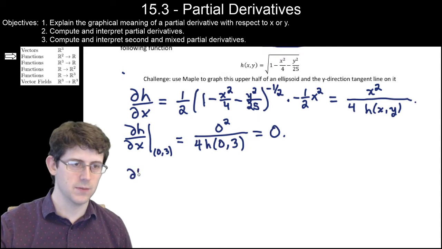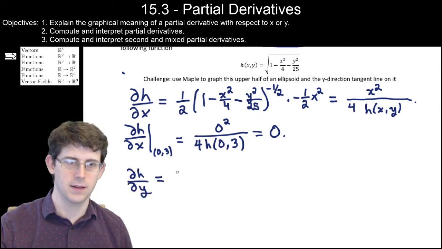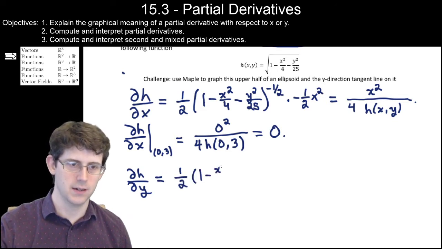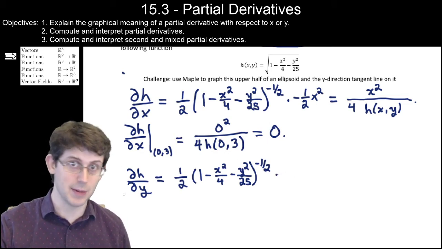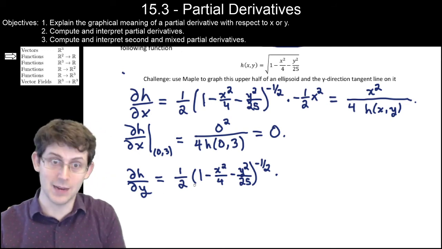To do the second part, we'll get partial h, partial y. Same deal. It's a 1/2 power, so I'll use the power rule on the 1/2 power. And then I need to multiply by the derivative of the inside function, which has changed because we've changed our perspective from x being the variable to y being the variable.